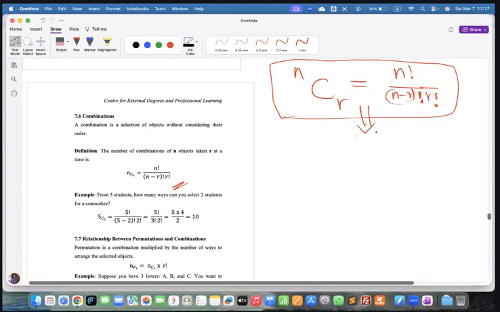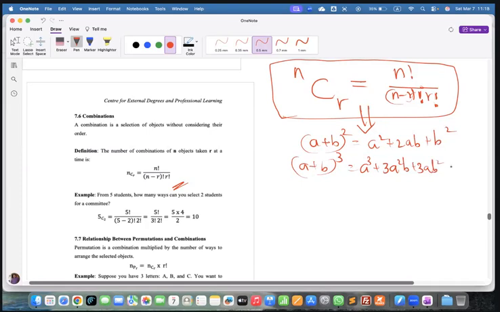You know something called the binomial theorem, right? a plus b whole to the power of 2 is equal to a squared plus 2ab plus b squared. a plus b whole to the power of 3 is equal to a cube plus 3a squared b plus 3ab squared plus b cube, right?